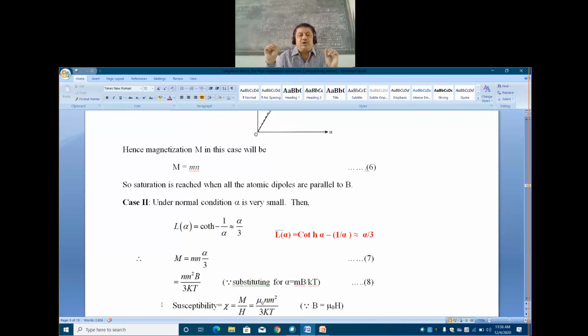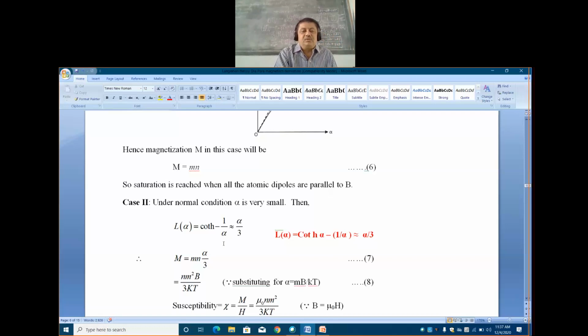The second case is important. Under normal conditions, when the temperature is not very low, alpha becomes very small. Therefore the Langevin function L alpha, cot hyperbolic alpha minus 1 by alpha, approximately becomes alpha by 3. So magnetization M is mN times alpha by 3.